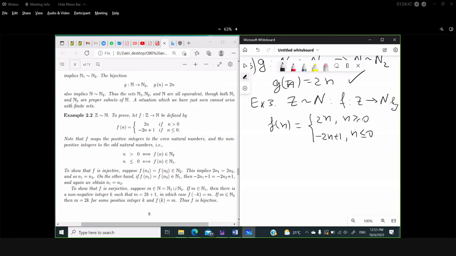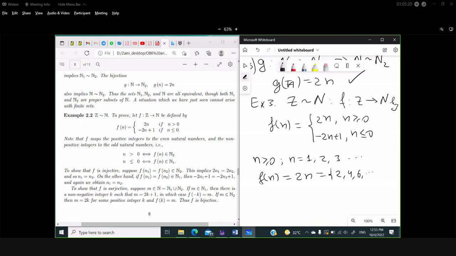Look, you see, the one function divides into two. Now look, if n is greater than 0, taking the values 1, 2, 3, and so on, what about this f of n? f of n, which is 2n, takes the values 2, 4, 6, and so on.